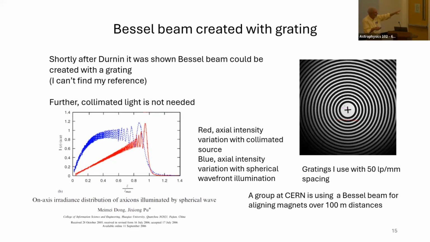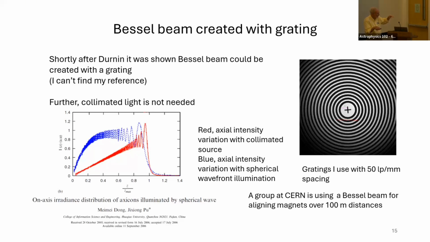Very shortly after Durnin, some Finnish authors, I can't find my reference, created Bessel beams using a grating. This picture here is the grating I tend to use, 50 line pairs per millimeter, just chrome on glass. We do illuminate with a point source. This is the only paper I've been able to find that talks about the difference. The red line is the core of the beam intensity if you illuminate with collimated light.